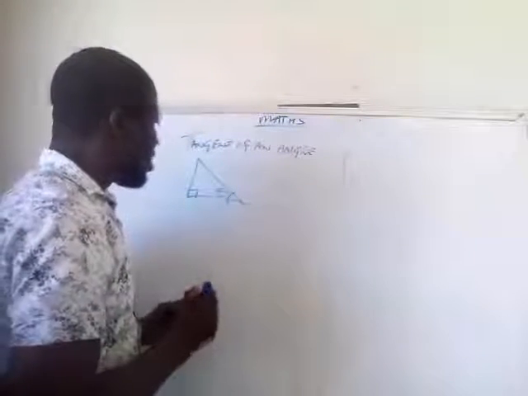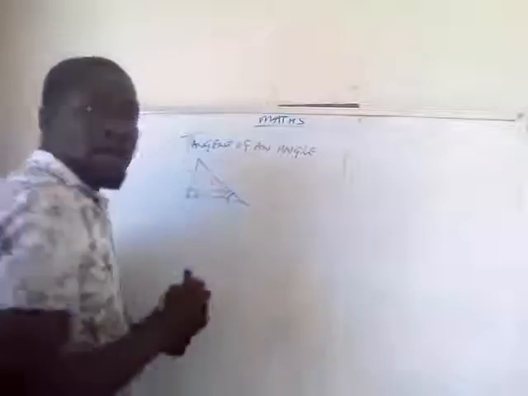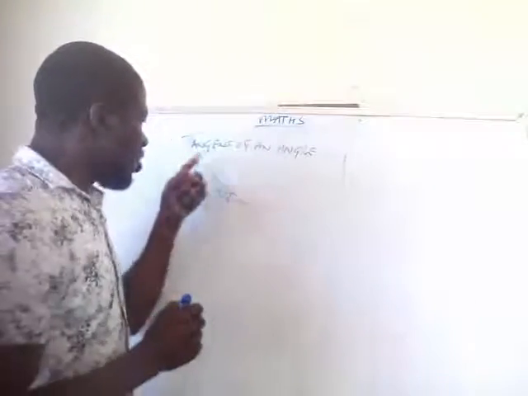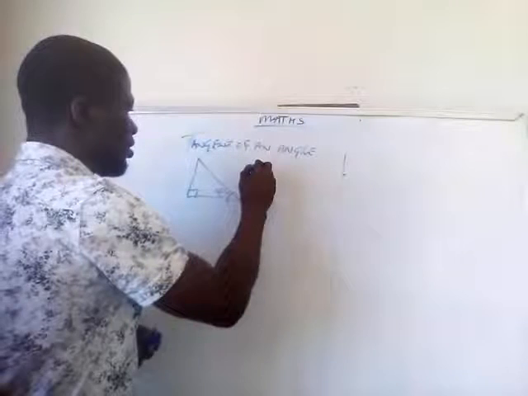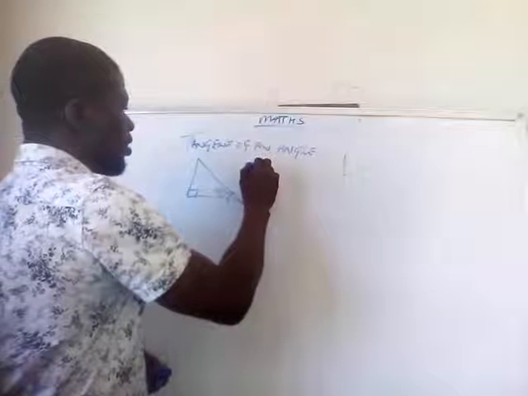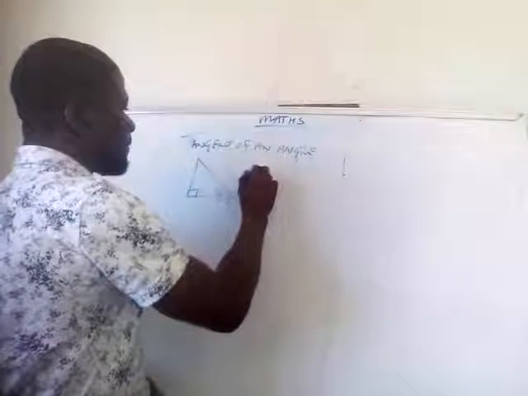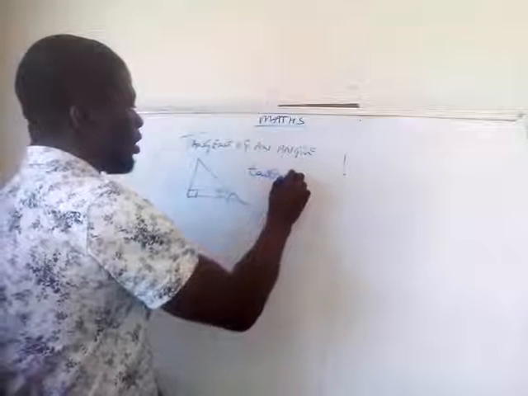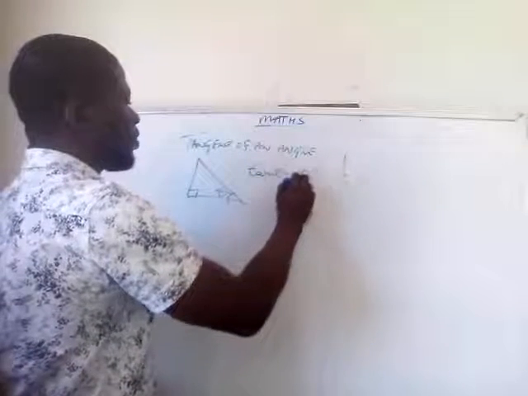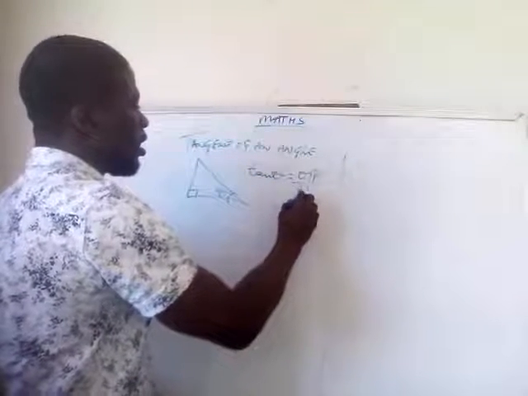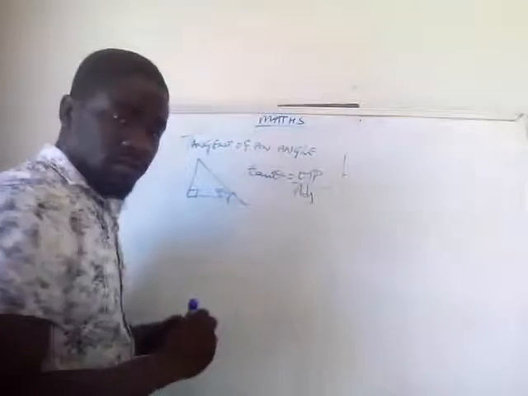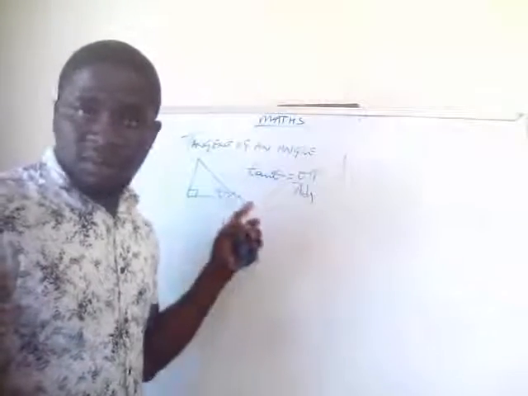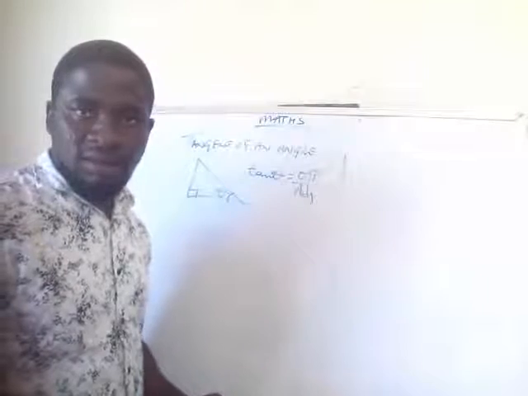When you have theta, the tan of this theta is opposite over adjacent.